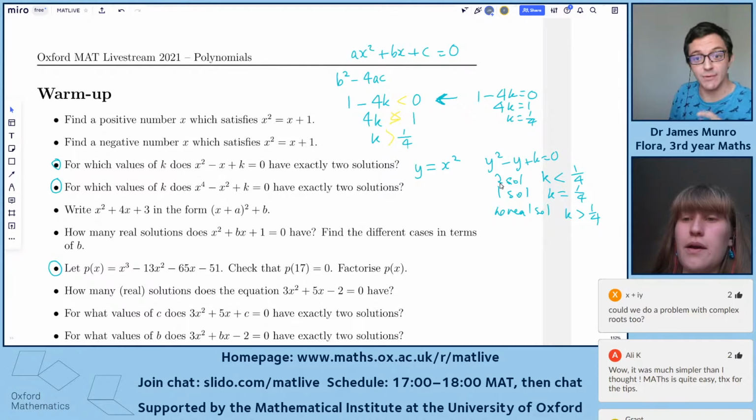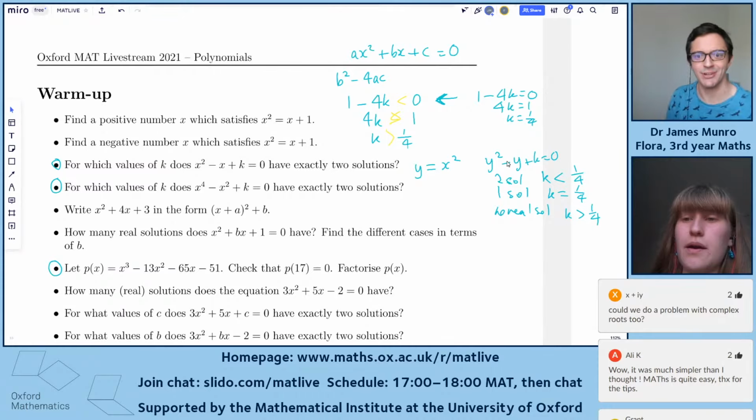If there's two solutions for y, there's actually quite a few possibilities about what could be going on for x. Because if those two numbers for y are both positive, then I'll get 4 solutions for x. If one of the y solutions is positive and one of them is negative, then I'll get two solutions for x from the positive y number, but I won't get any real x solutions from that negative value of y.